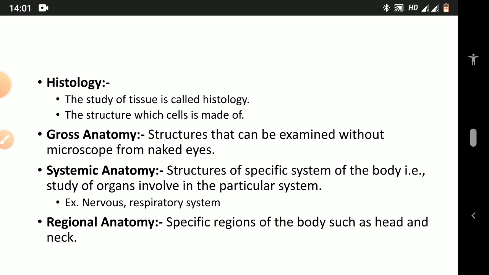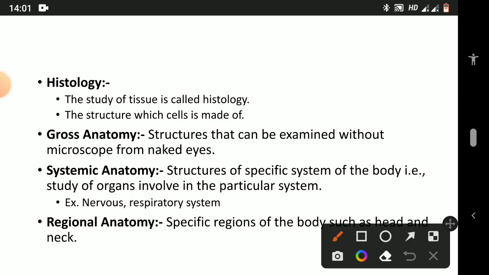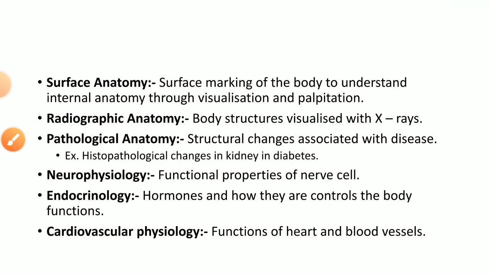In systemic anatomy, we study the brain, which is a part of the nervous system. That's why it is called systemic anatomy. In regional anatomy, the study of specific regions like head or neck takes place. Next one is surface anatomy.